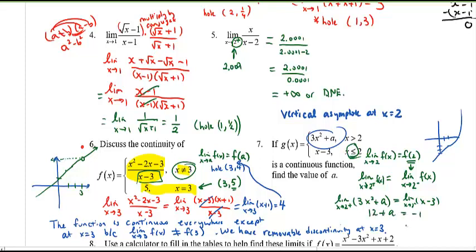And then I have to solve for a, so a equals, I believe, negative 13. And because this limit now exists and the limit equals the function value, we are very confident that a must be equal to negative 13 in order for this function to be continuous for all values.